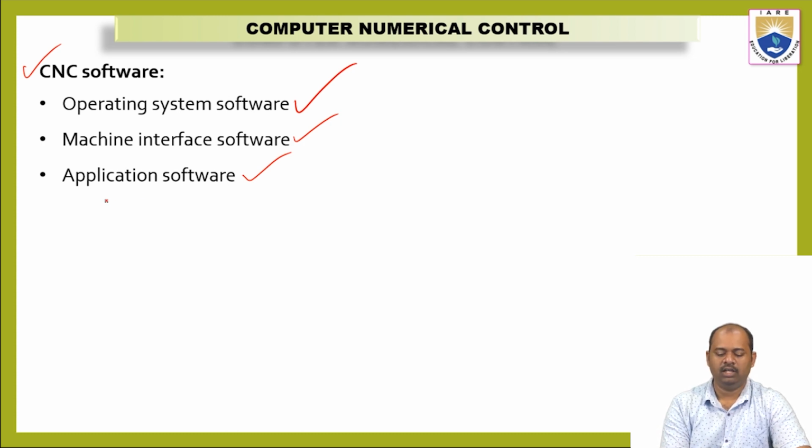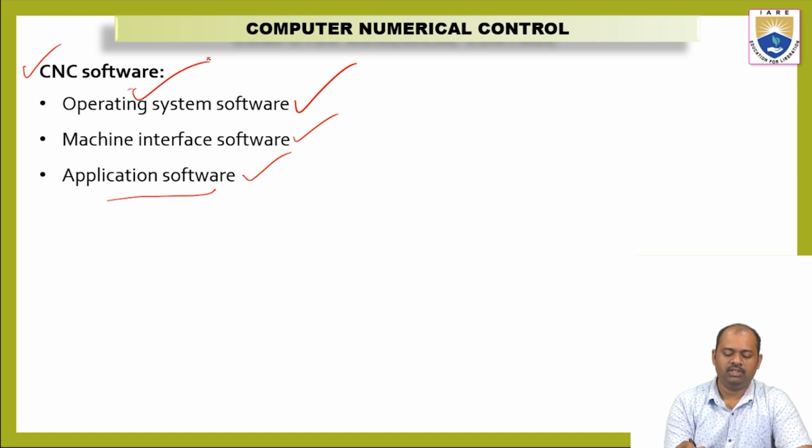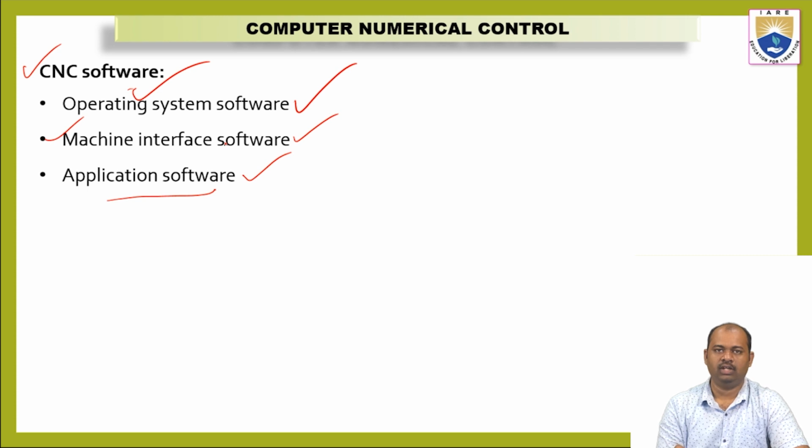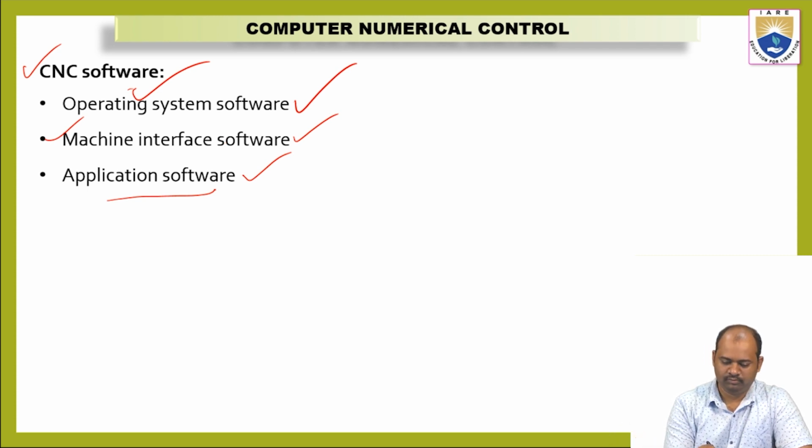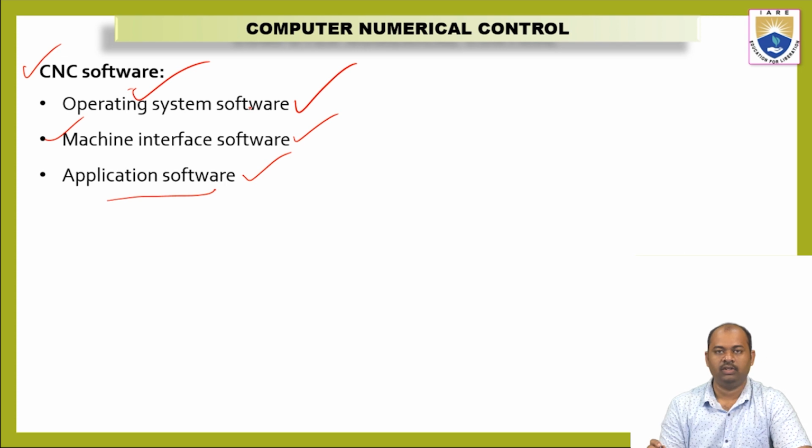Actual code will be written in the application software. The operating system is generally there in any computer. Machine interface is also important for converting this programming code into movements. It will convert the code into required machine level code. So these are the 3 important components of any CNC software: operating system, machine interface and application software.